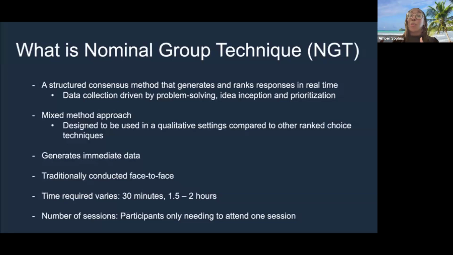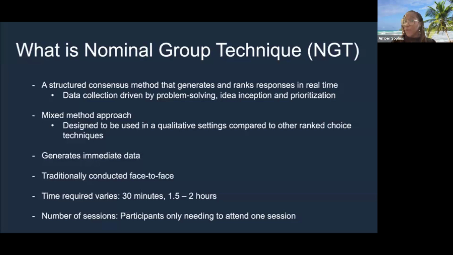Technically, it is a mixed method approach. You are, again, able to generate immediate data in real time. So you have the quantitative data, you have a rank, you get that real-time quantitative data, but then you're also using your focus group to acquire that qualitative data, the how and the why, based off those rankings. And we'll get to that in a minute.